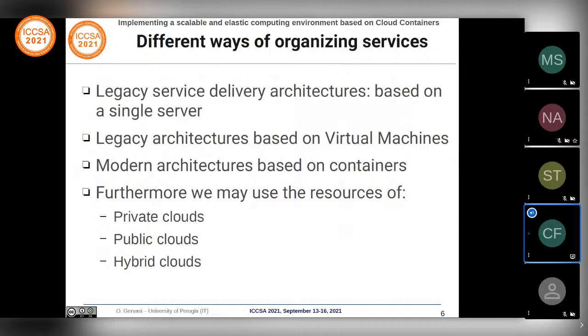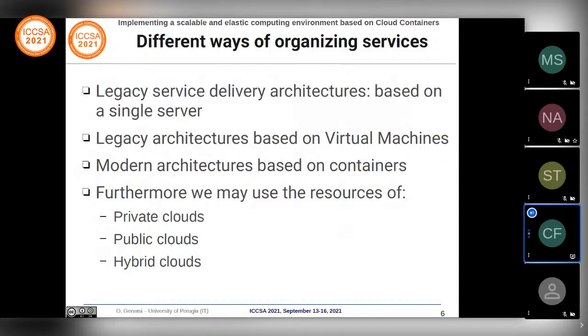Imagine a cloud data center. We have, at a given moment, two virtual machines very intensively loaded in one server, and we have another server which is completely unloaded. We can move a virtual machine from one server to the other in order to balance the usage of the computers and provide better services.